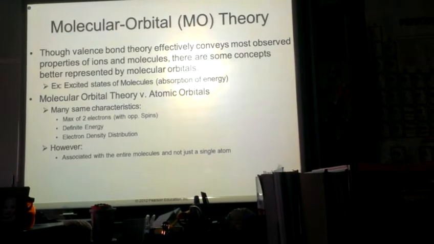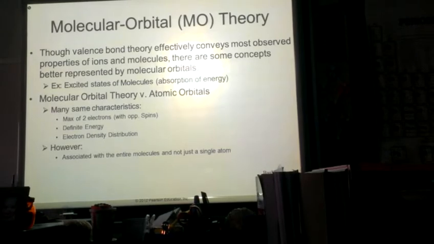We know that we can have a maximum of 2 electrons, and they have to have opposite spins. Both hold true in molecular orbital theory and atomic orbitals. They have a definite amount of energy, so energy level is key. They have some type of electron density distribution.